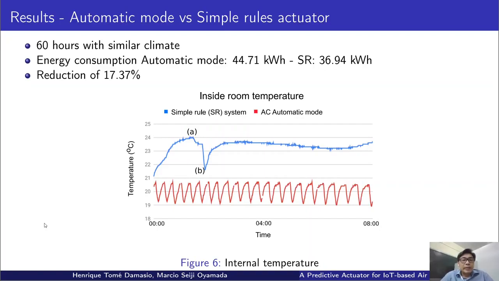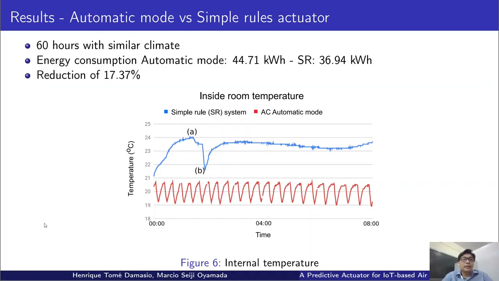In this figure, we can see the behavior of the 2 actuators. The automatic mode turns on and off the air conditioner unit over the night in order to maintain the internal temperature. In blue, we can see the simple rule actuator.